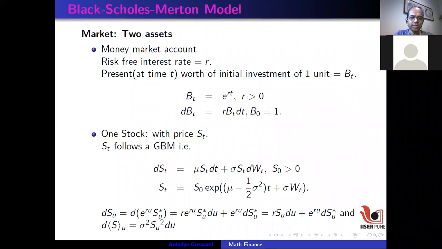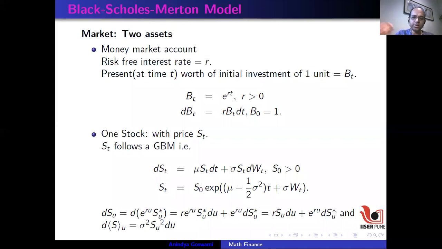Here S can be written as multiplying and dividing by B, so e^{ru} divided by e^{ru}. S divided by e^{ru} I am calling the discounted stock price, which possibly you have seen in earlier classes. By S star I mean S_u divided by B_u.